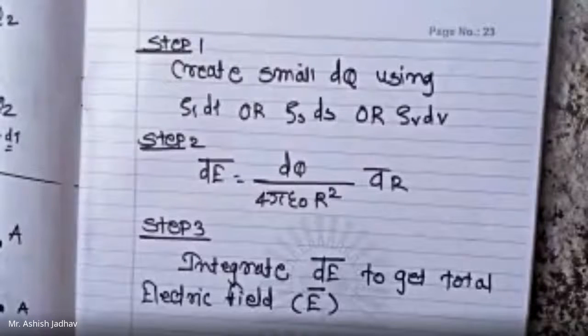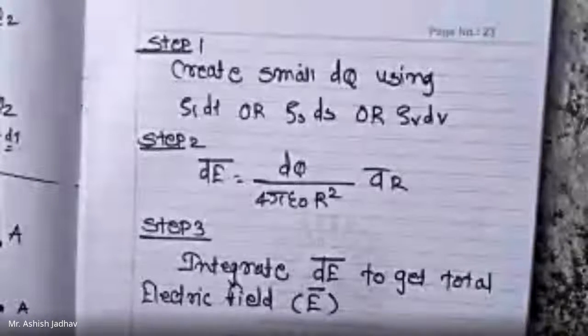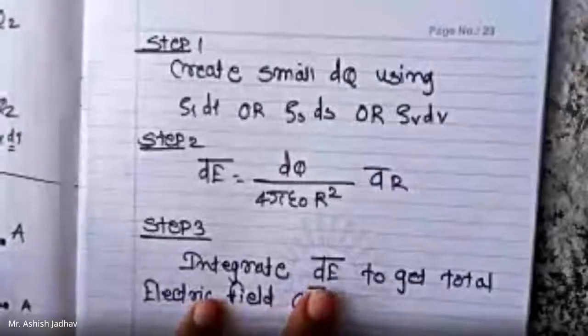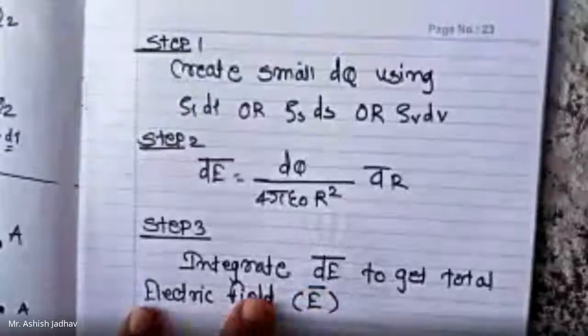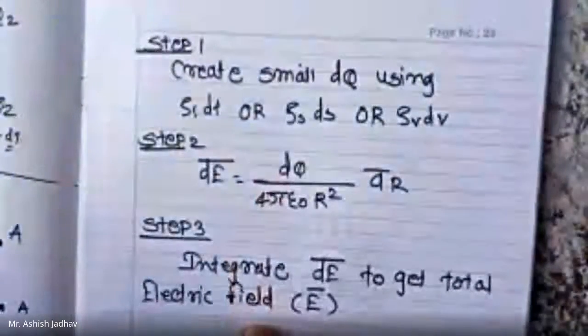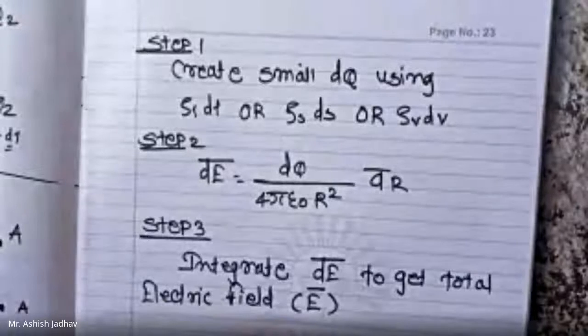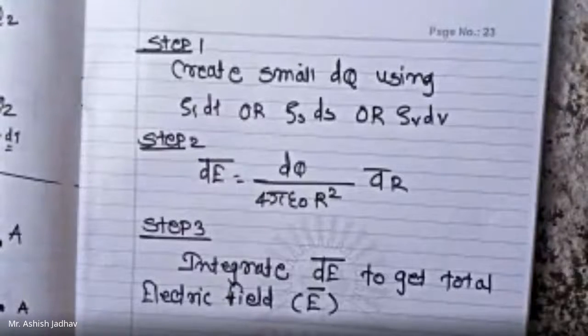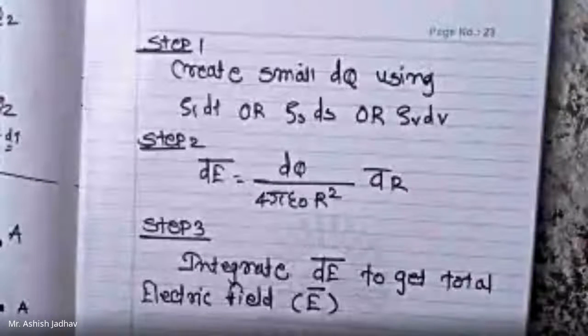Then the second step is to find the vector. After finding the vector, we find the electric field or force, and then follow these steps. So step number 1 is to draw the diagram from given information. This step is common for all the examples, right?